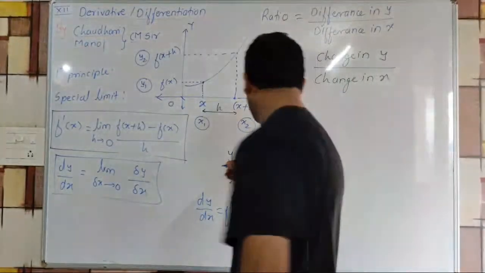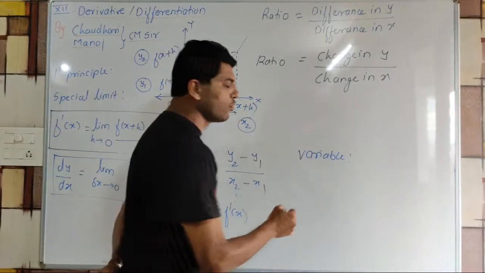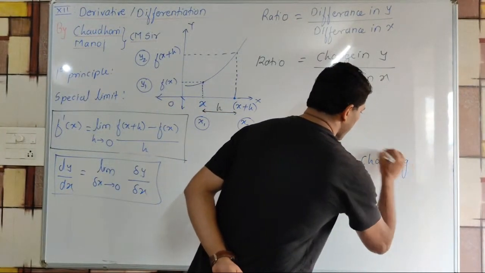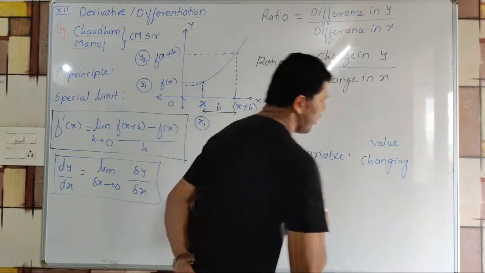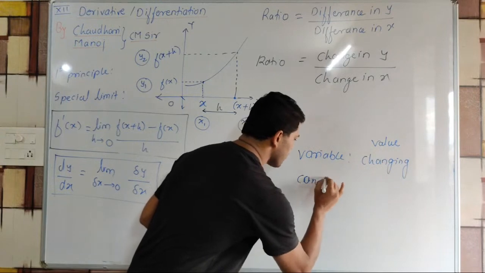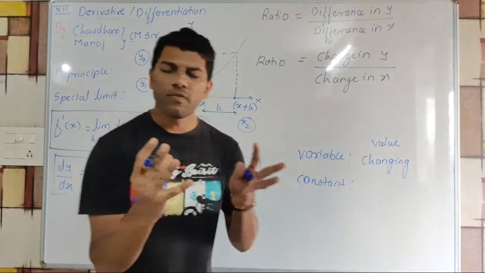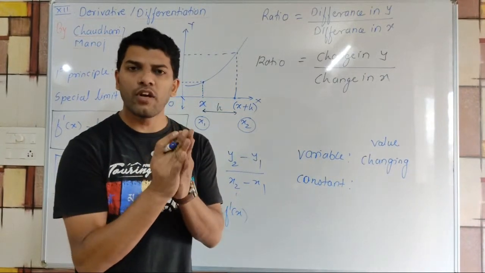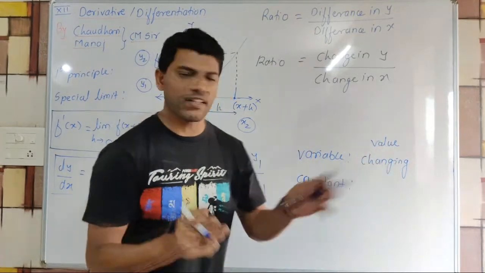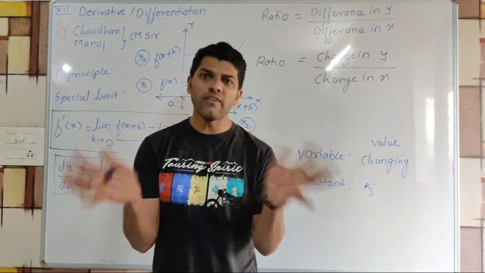So friends, what is a variable? A variable is a term whose value goes on changing, so it's not a constant. There are two types of terms. A constant is a term whose value remains the same throughout, whether it's in India or in the US or in Europe or anywhere else on this earth. So this 5 means 5, a constant whose value never changes.